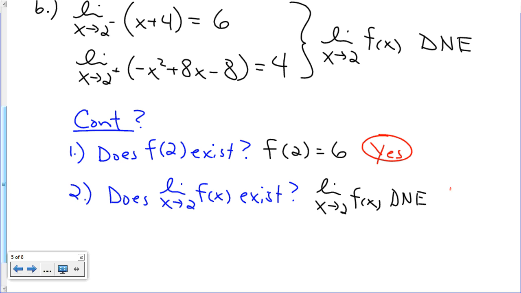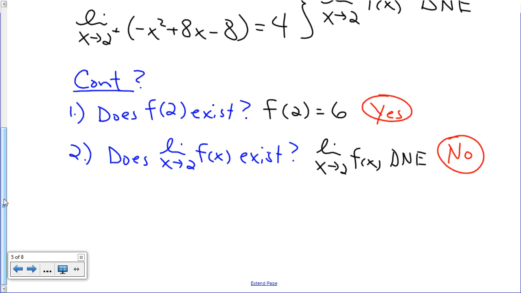There is a big no then. And if you're trying to show that something is continuous or discontinuous, as soon as you find one of these things that's not true, or that the answer here is no, you can stop. You've found that this thing is discontinuous. So we can write a concluding statement here and say, thus, f of x is discontinuous at x equals 2.